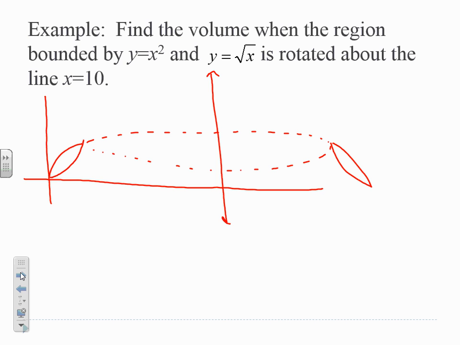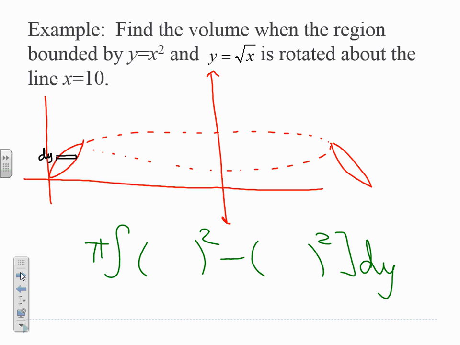Yeah, we do. So here I will draw in my horizontal rectangle that we're going to rotate around to make washers. We have washers, so we have pi times outer radius squared minus inner radius squared, times h.